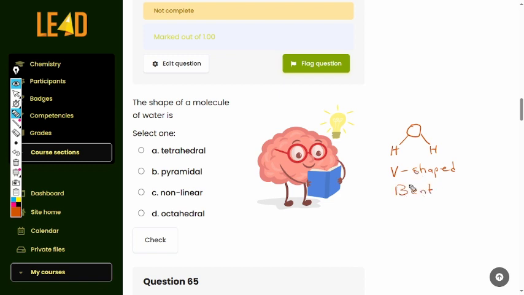But since none of these is in the options, the one that is closest to what water looks like would be non-linear. So linear means straight, a straight line, but notice it's not straight, it's actually bent. So this is a non-linear shape. So the best answer there would be C.